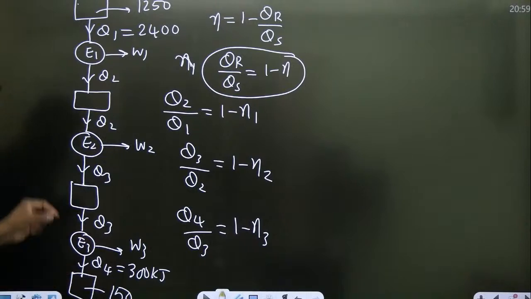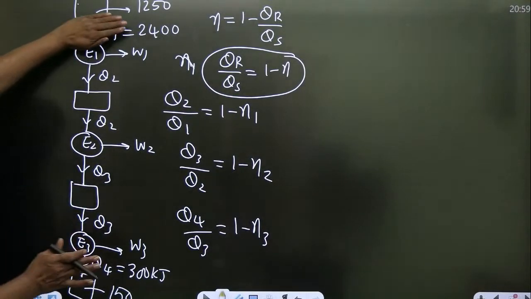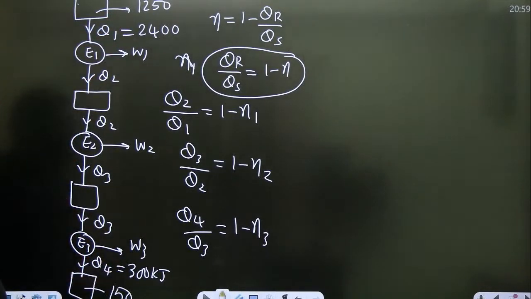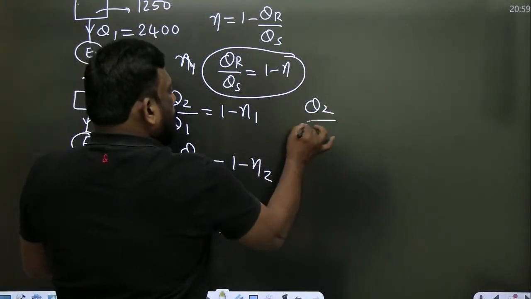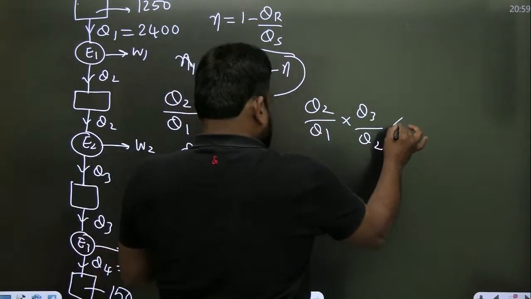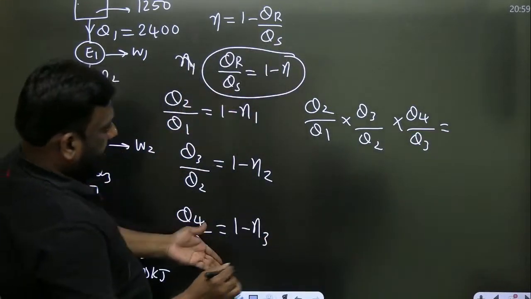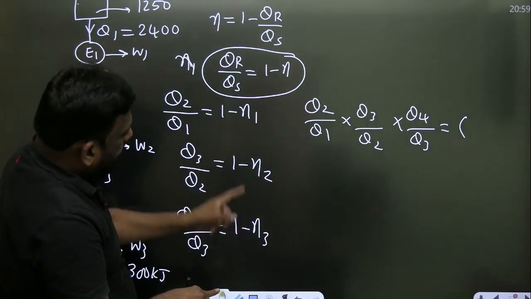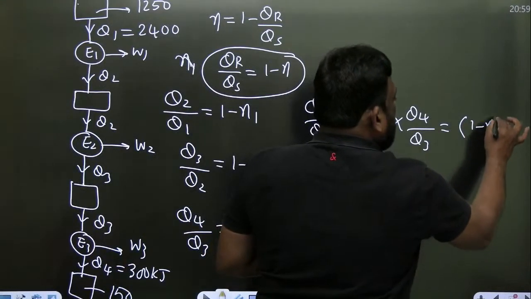Q2 is not given, Q3 is not given. Listen carefully, sir, use common sense. Q1 and Q4 are given, but somehow I should eliminate Q2 and Q3. How will we do it? Multiply all three: Q2 by Q1 into Q3 by Q2 into Q4 by Q3. But all efficiencies are the same, so each is 1 minus theta, and it will be 1 minus theta whole cube.